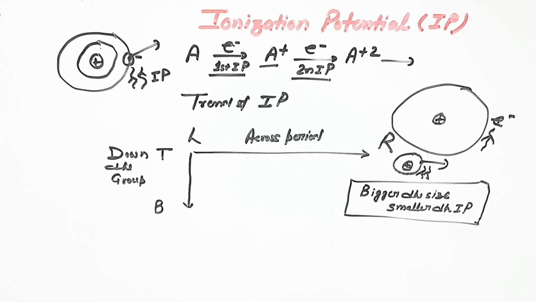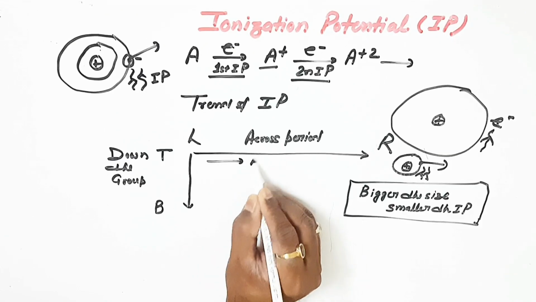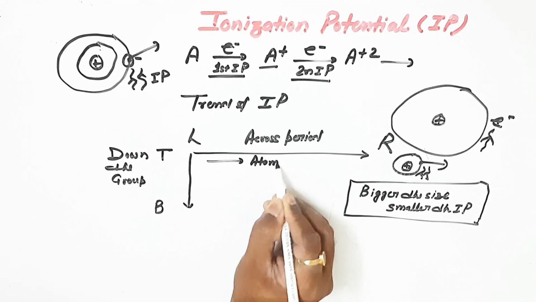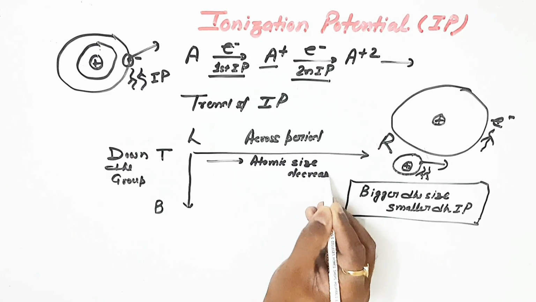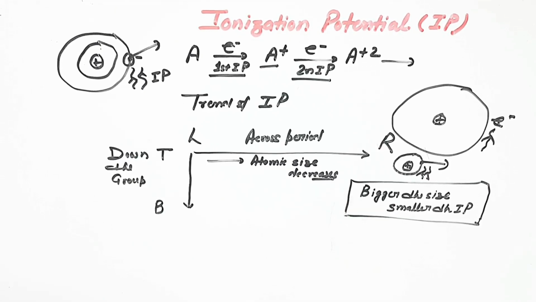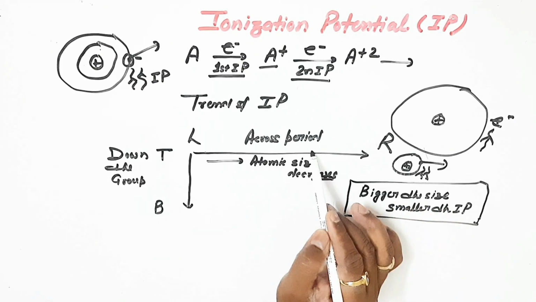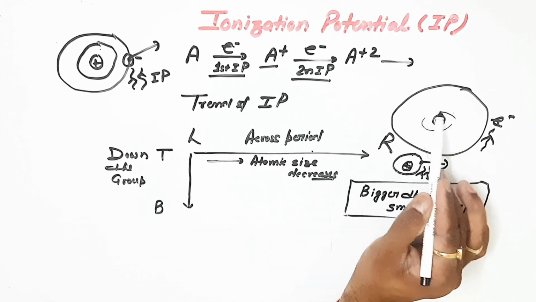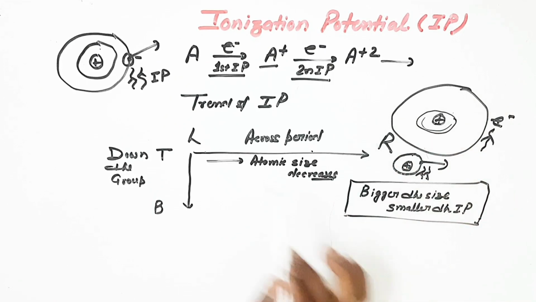Now we know the trend. From left to right, atomic size decreases. Why does it decrease? It is because the atomic number increases, nuclear charge increases, but no new shell is added.